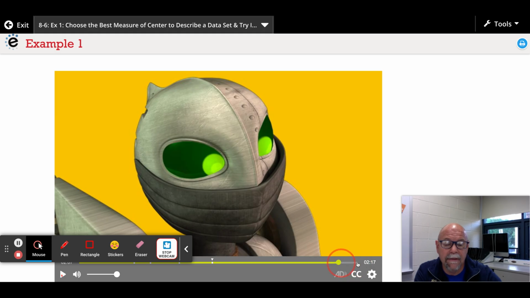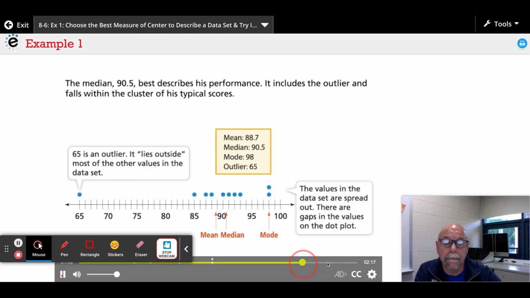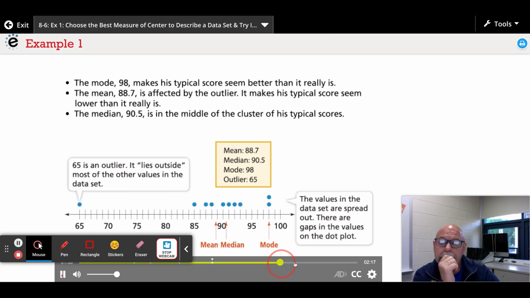Let's go back to that. I think that was well worth it. The median, 90.5, best describes the center. The mean, 88.7, and the mode, 98, on the dot plot. Values in the data set are spread out. There are gaps in the values on the dot plot.